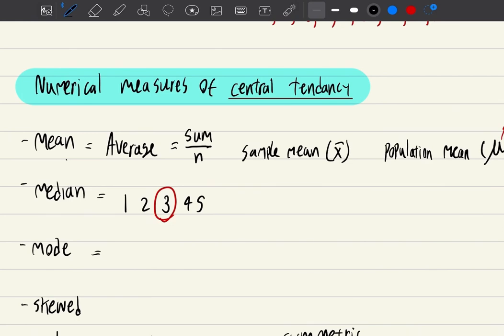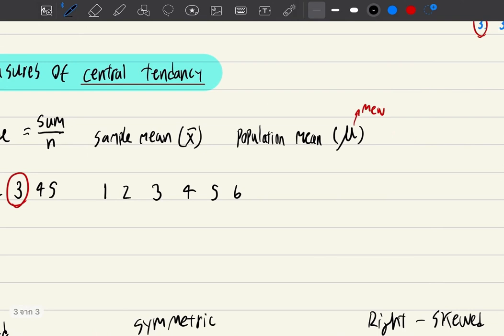But if you have an even number of n, like 1, 2, 3, 4, 5, 6, the median is going to be 3 plus 4 divided by 2, which is 3.5. The median of these data is 3.5.